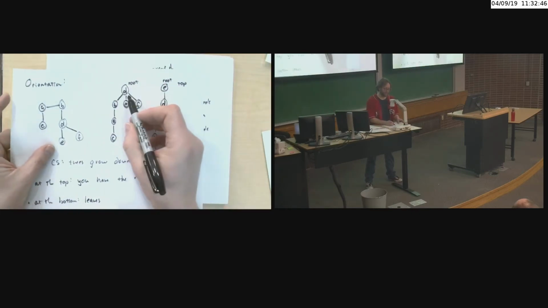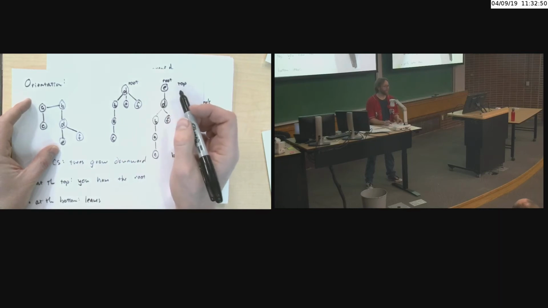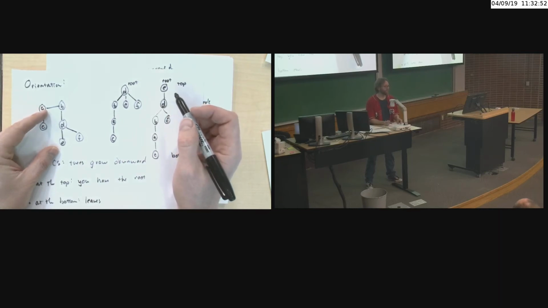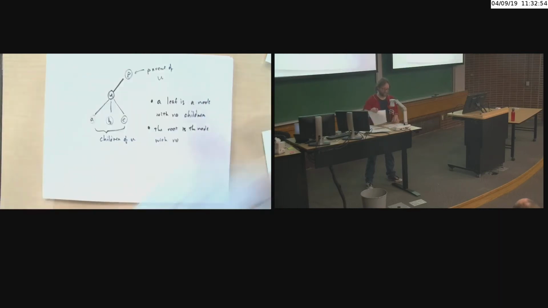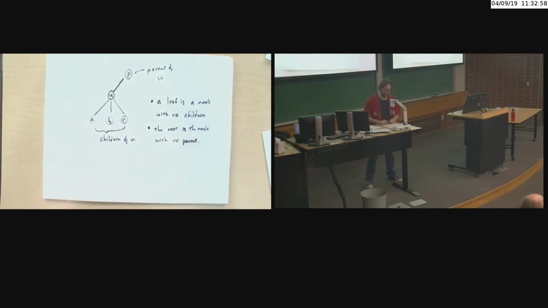Well, here, let's look back at these. D and E. I called those the roots. Why? What unique property do those have? There's no parent, right? With no parent. Right? So a leaf is a node with no children, and the root is the node with no parent.